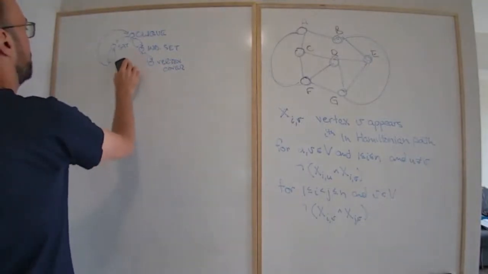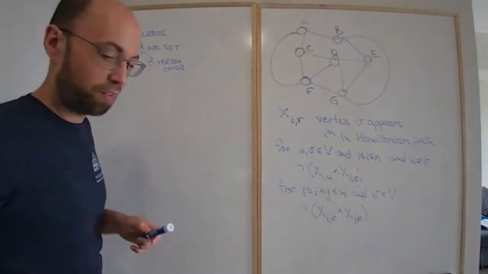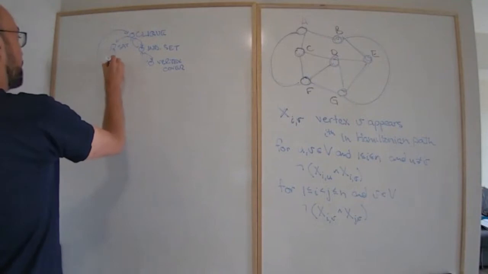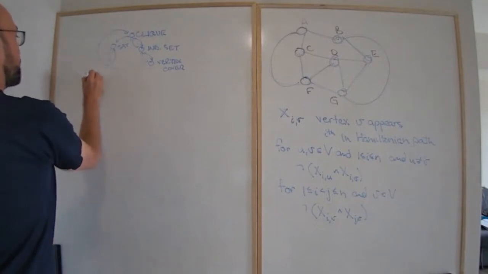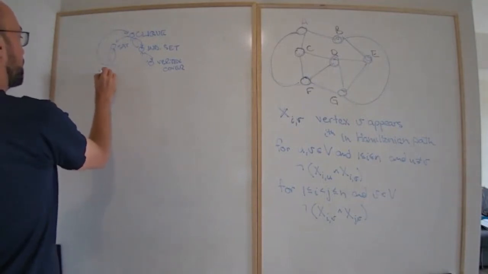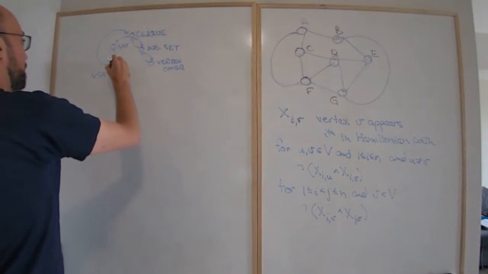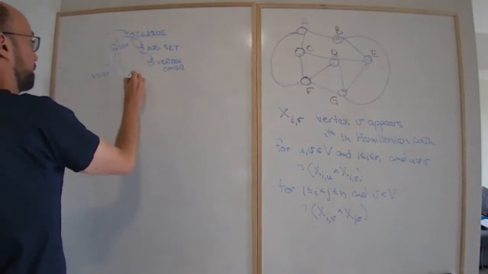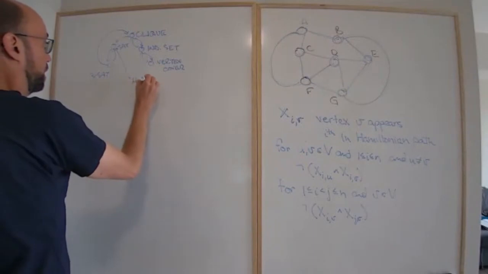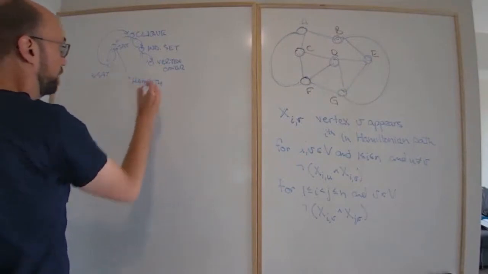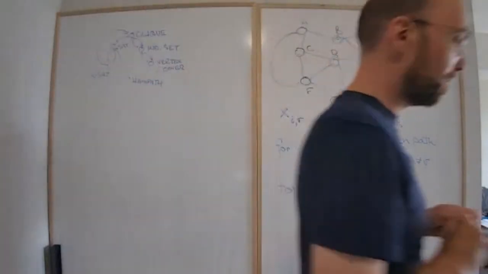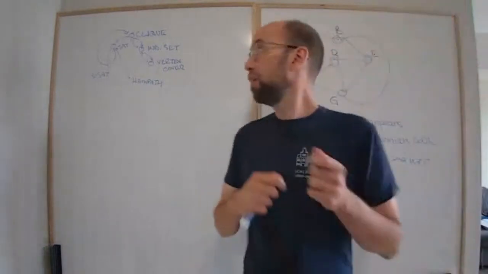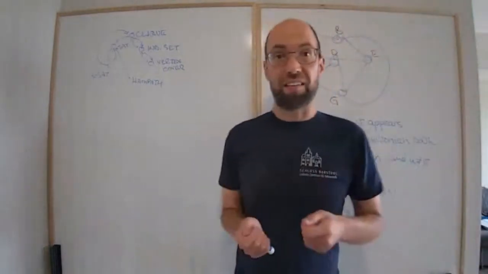I'm going to move the label for 3SAT over here. So in polynomial time, Ham path reduces to SAT.